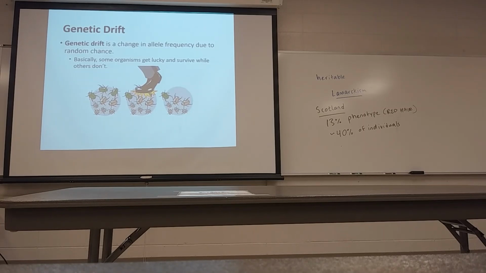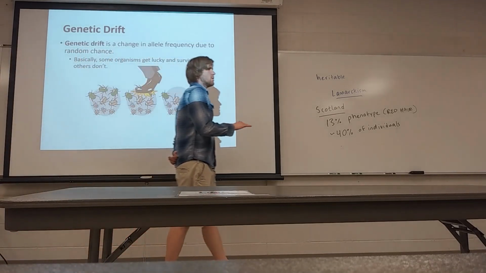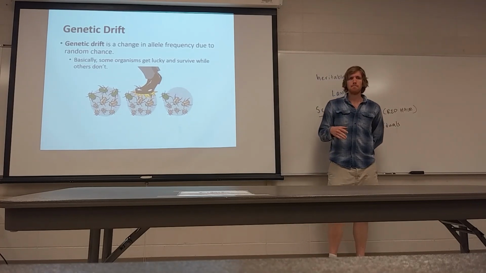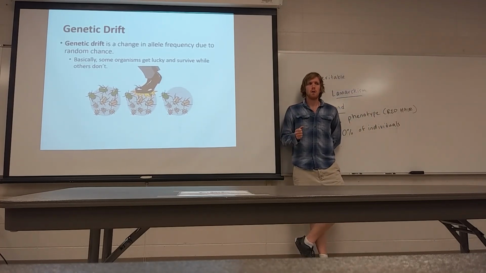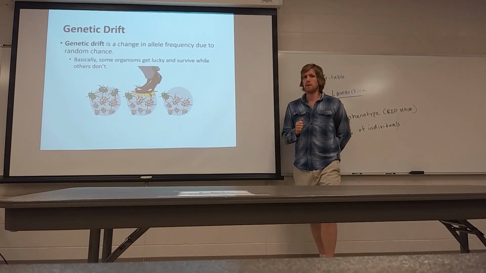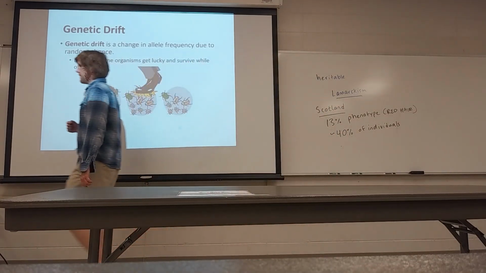So this tends to affect small populations, because if a population is small, a random event can annihilate the population or annihilate a huge chunk of the population and make a big dent in the genetic diversity of that population.